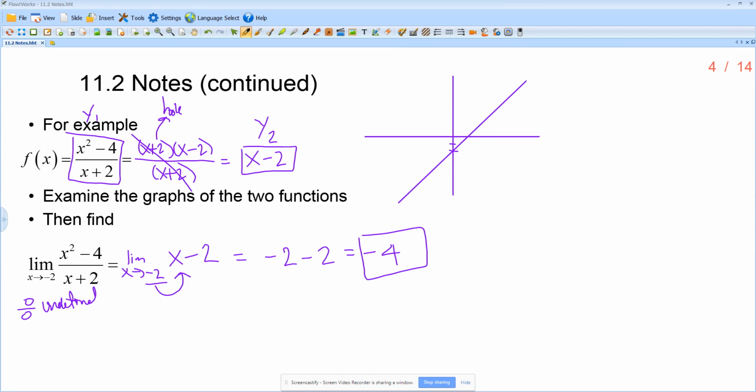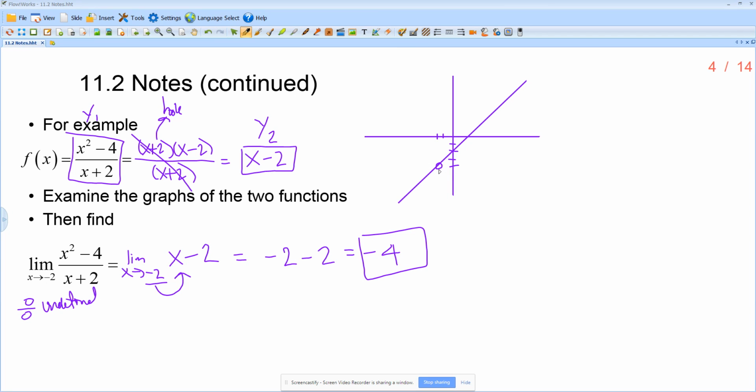The only singular difference between them is whether or not at negative 2, the point negative 4 is on the function. Here, in y2, negative 2 comma negative 4 would be a point on that. But in the original function, this would actually just be a hole right here.